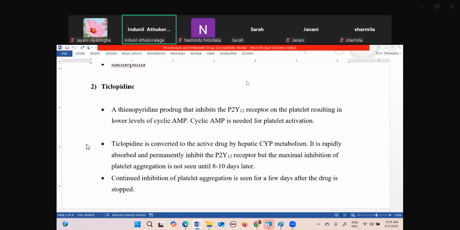For the activation of platelets, there are different compounds which are needed, and cyclic AMP is one of the major compounds required. So when the level goes down, the activation will also go down. Since it is irreversible, platelet aggregation will not be seen until 8 to 10 days, until new platelets are formed, right? Is that clear?